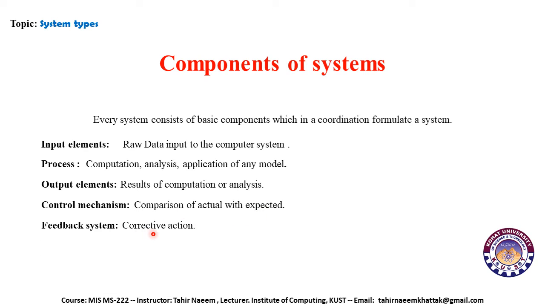The feedback system is to correct or measure actions which are taken in the wake of results. Then objectives is basically the comparison of the expected output with the ideal output.